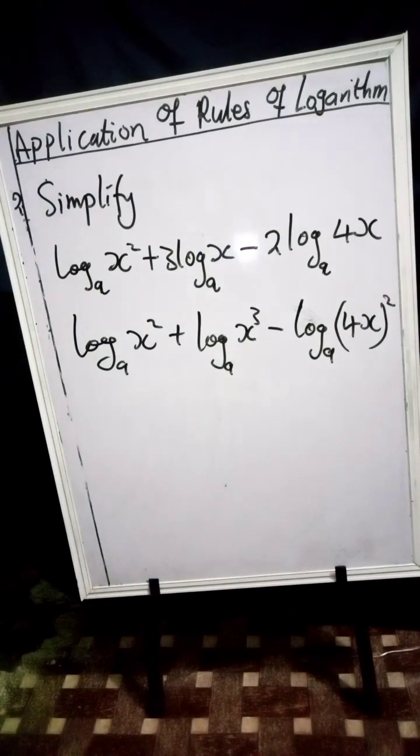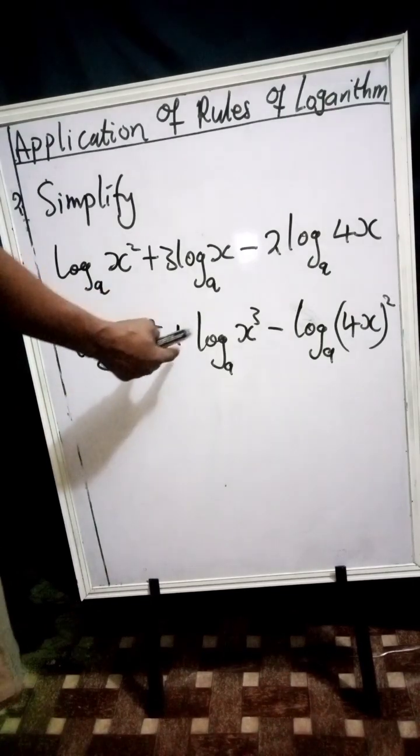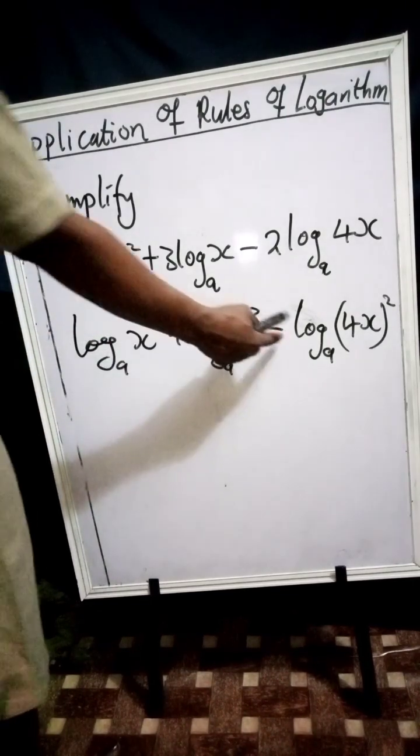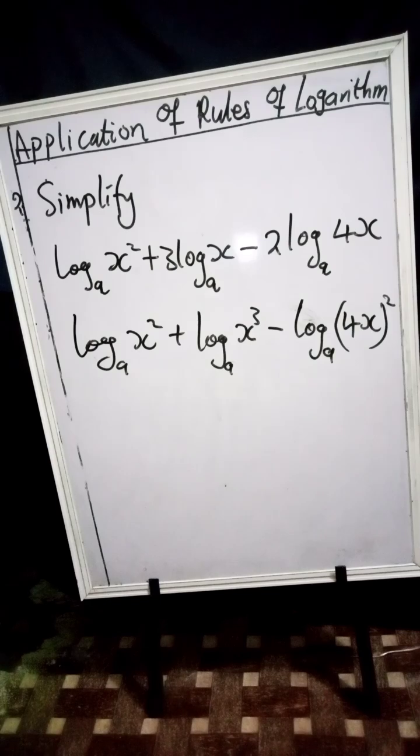I hope at this point it is clear. Then here we will try and write it as a single logarithm. Remember, by writing it as a single logarithm, the addition will change to multiplication, while the subtraction will change to division. Let's go.